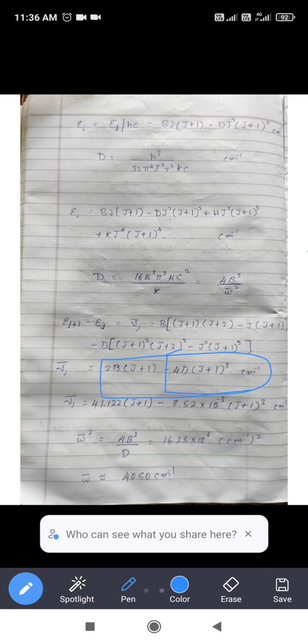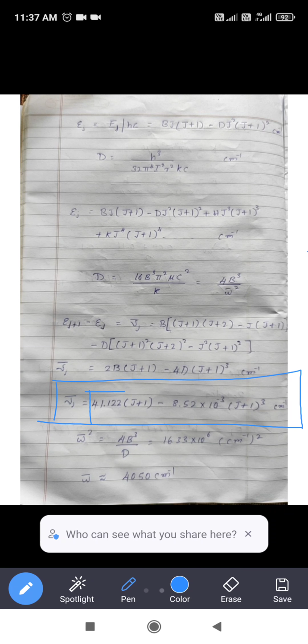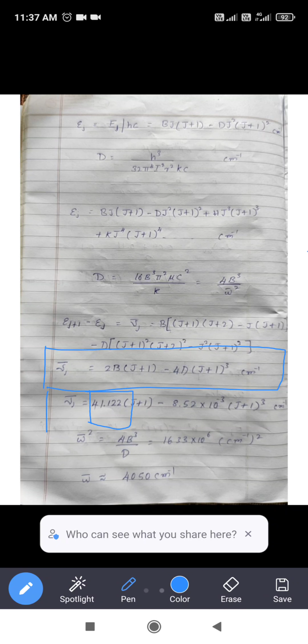So nu J bar is equal to, and I have one example for the HF molecule. This is the first absorption line of the HF molecule. You can see this is 2B. Compare this equation and this one.